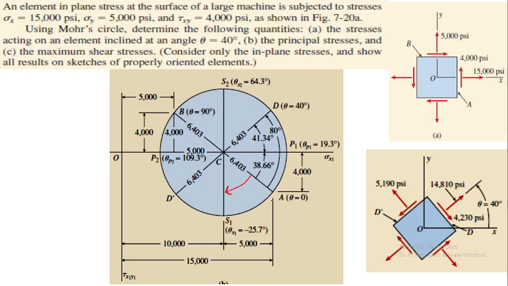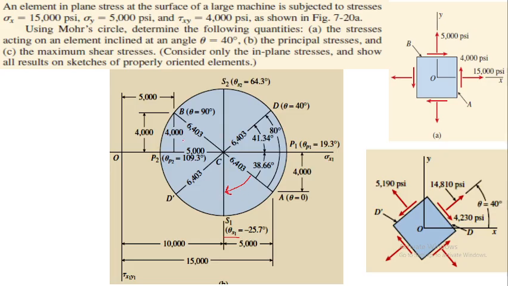So 90 minus 38.66 will give you an angle of 51.34. So here it will be minus 51.34. On the element it will be 2 theta s1 as minus 25.7. What about the other angle, 2 theta s2? You will write minus 2 theta s1 plus 180.